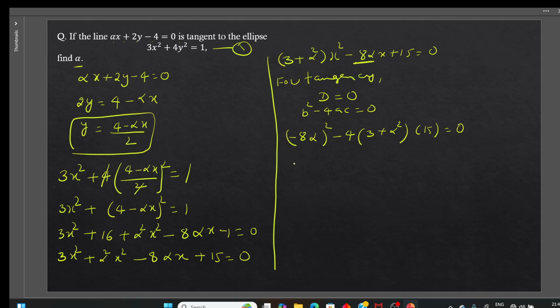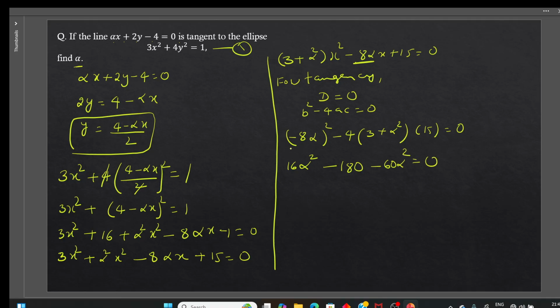So minus into minus is plus, it becomes 8 square, and alpha square here: 15 fours are 60. Next, 6 threes are 18, so here we get minus 180. Plus into minus is minus, 15 fours are 60, so 60 alpha square, equal to 0.